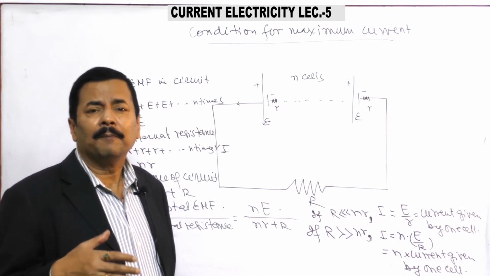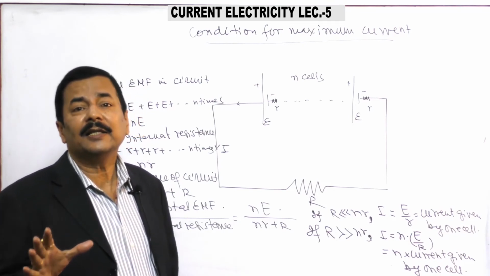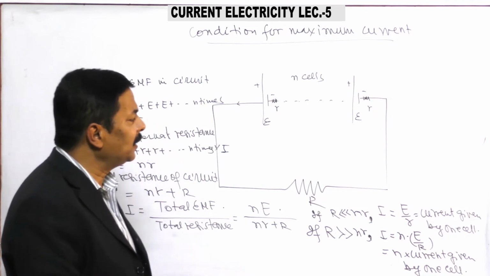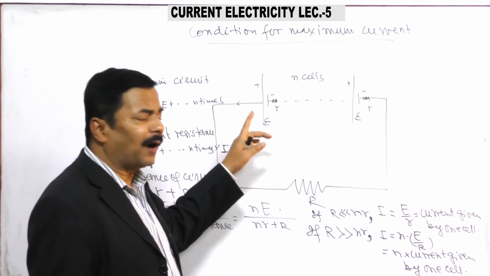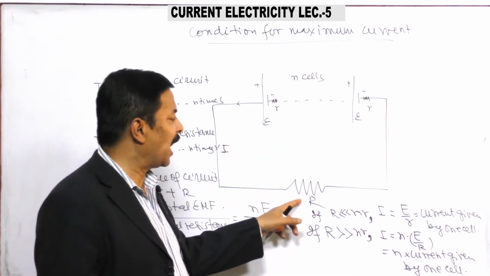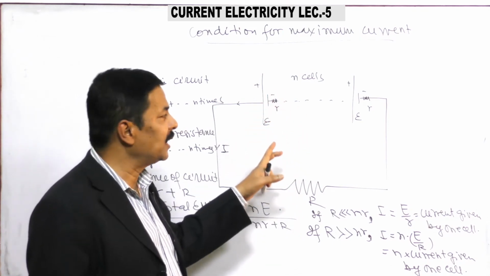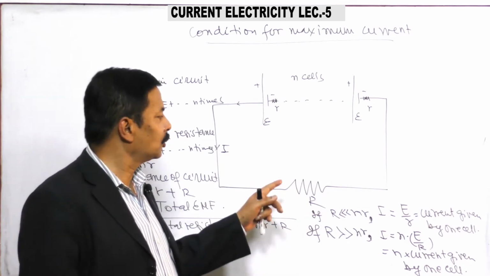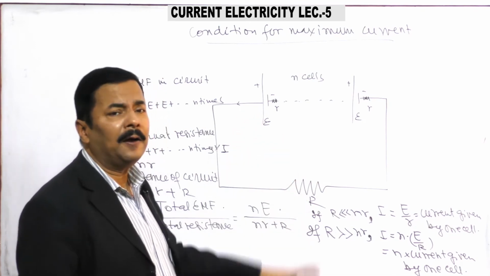Wherever we want a higher potential difference, we combine the cells in series. So this is our result: in series combination, if identical cells are there, the external resistance should have a very large value in comparison to the internal resistance of the cells to get maximum current through the external resistance, the load resistance. This is the condition.